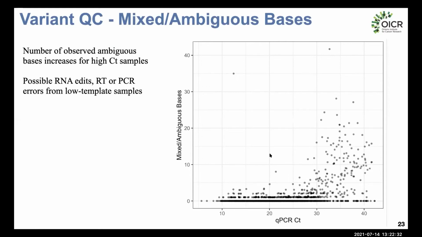And again, we see the same pattern where less than CT30, the genomes tend to have very few mixed or ambiguous positions, but beyond CT30, the number of mixed and ambiguous bases goes up quite sharply. So this indicates, to me at least, that it's likely driven by sequencing low amounts of virus and probably something like an amplification artifact or an RT artifact rather than true biology.